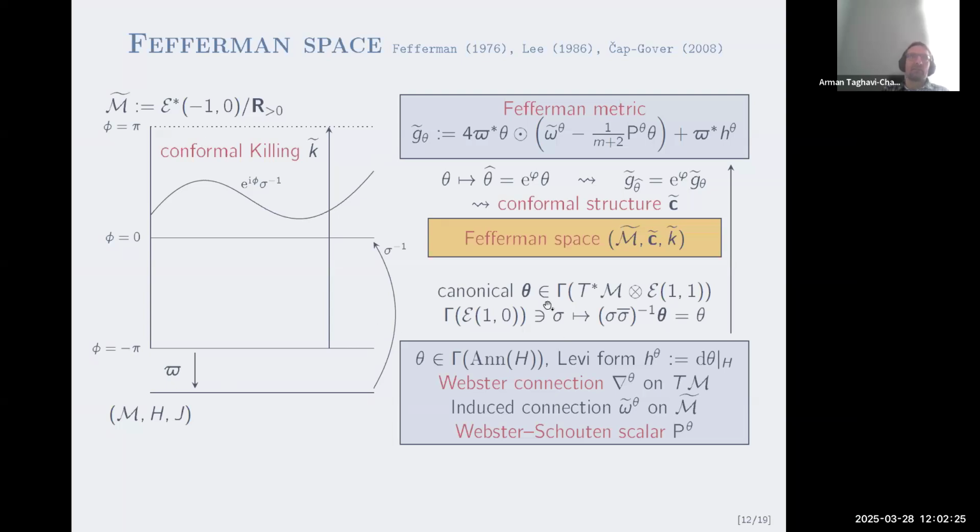And if I make a choice of density of weight (1,0) which is compatible with this contact form, I get a trivialization of my bundle. And there is a canonical coordinate on the fibers that I call phi, that I can use to describe the sections of this bundle. I will be using this in a minute.